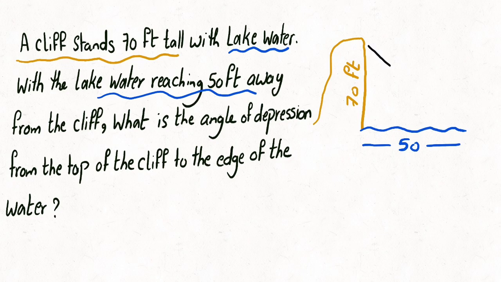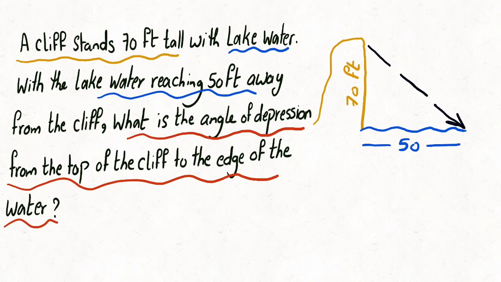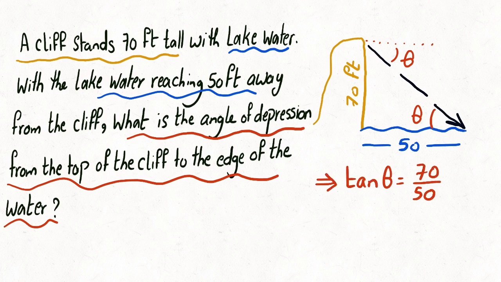Now, when he starts talking about angle of depression or angle of elevation, immediately you have to create a right angle triangle like this one. Now, the angle of depression is basically between the top of the hill and the end of the water lake. But in this case, we will conclude that this is the position theta.